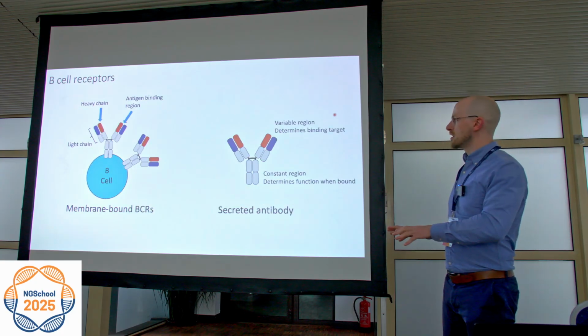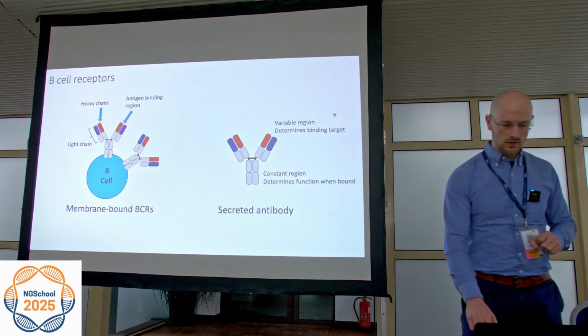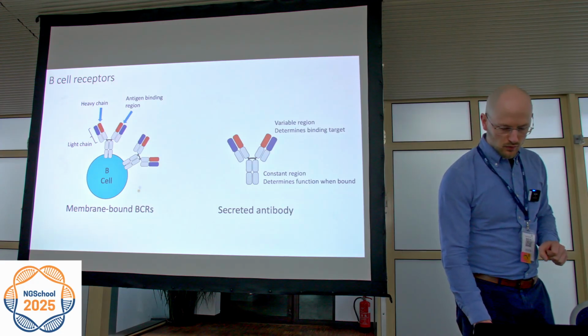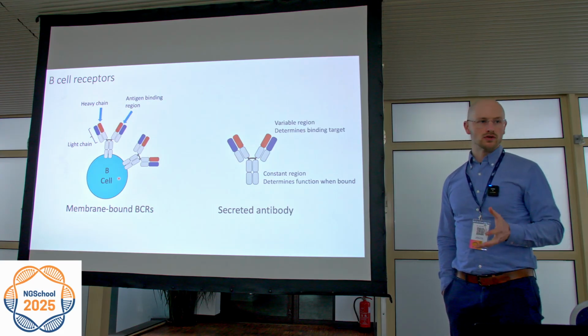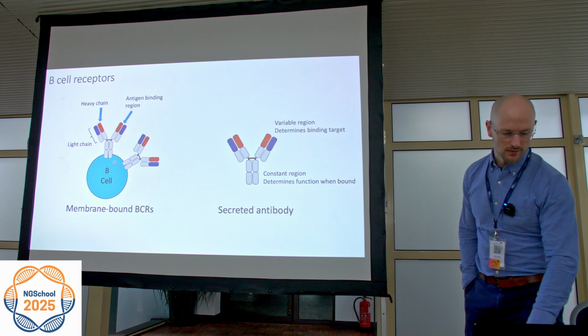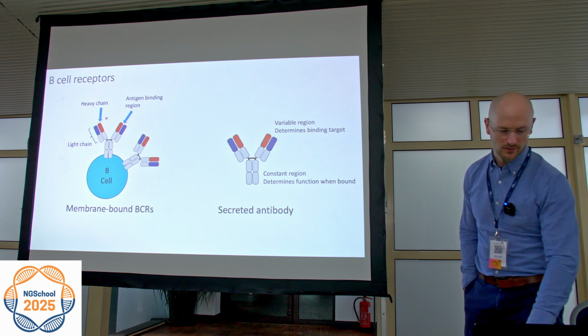So I'm going to first talk about B cell receptors and then move on to T cell receptors. So B cell receptors are essentially membrane-bound structures of antibodies, and they're composed of a heavy chain and a light chain.